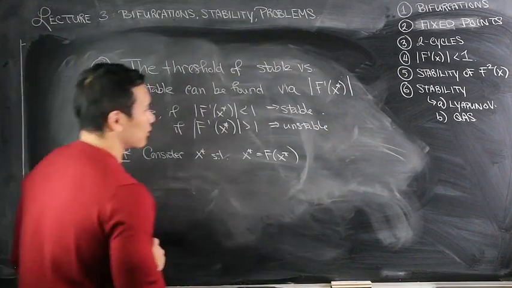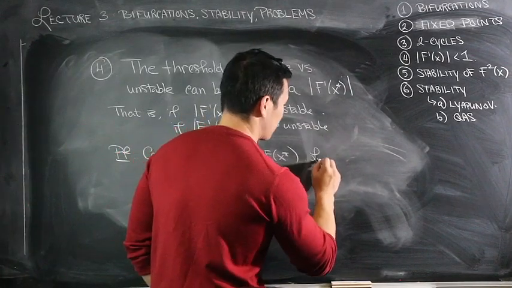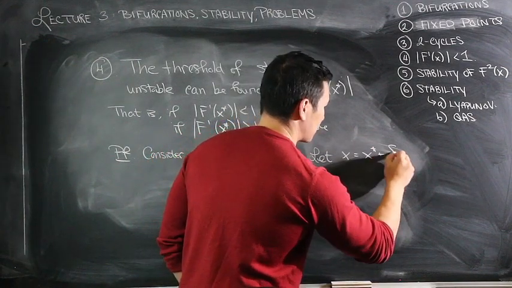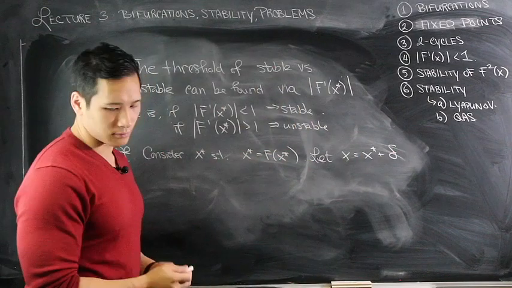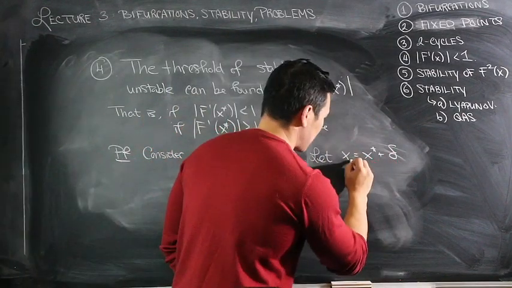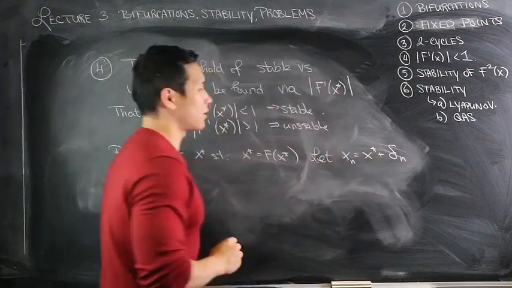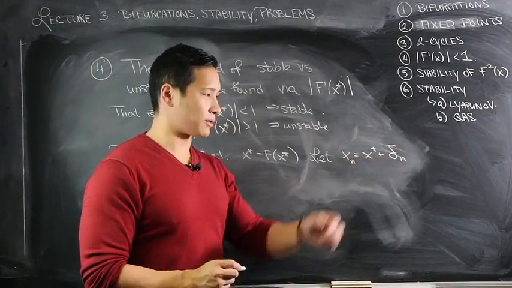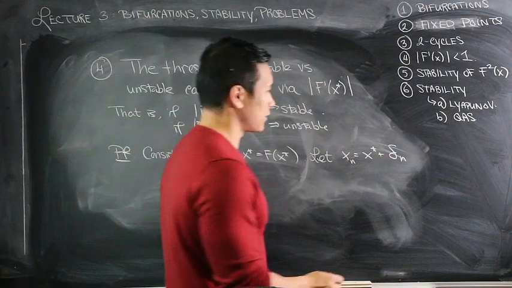Does it go unstable, or is it stable? Right? So we're going to let x be x star plus some delta. Delta is small. And let's let this be n. Okay? So on the nth iterate, we're going to stick in our fixed point plus delta n. And delta n is small.